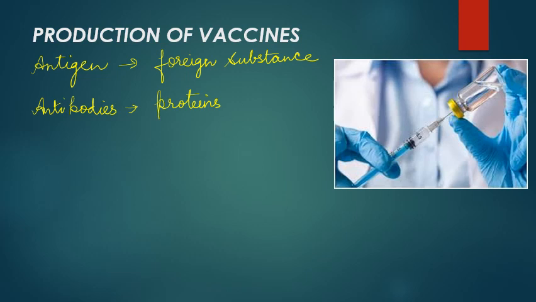And one more term is there, that is immunity. You must have heard this term many a times, immunity. So what is immunity? Immunity is the ability of our body to resist infection, or to fight against any particular infection. This is called immunity.